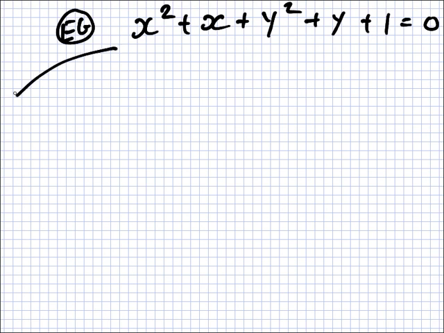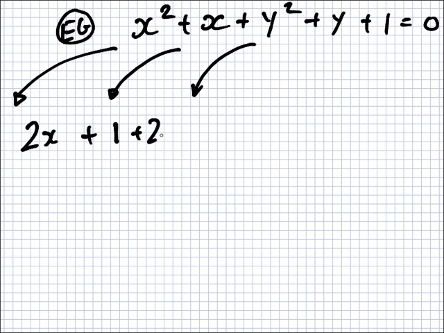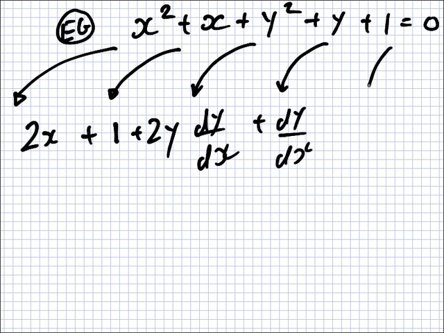So x squared becomes 2x. x becomes 1. y squared becomes 2y dy/dx. y becomes dy/dx. 1 becomes 0 and 0 becomes 0, so this is still equal to 0.